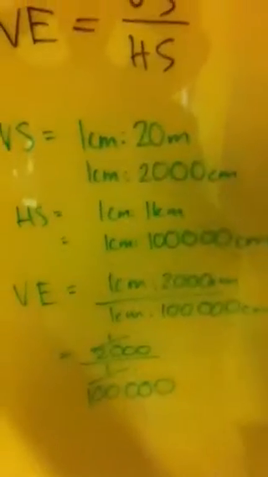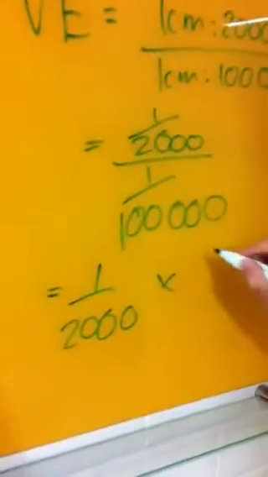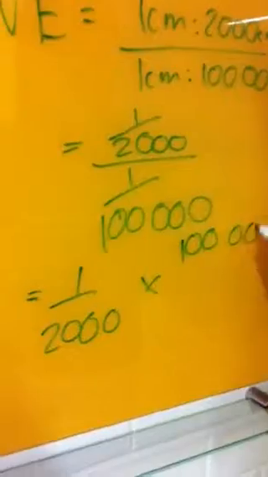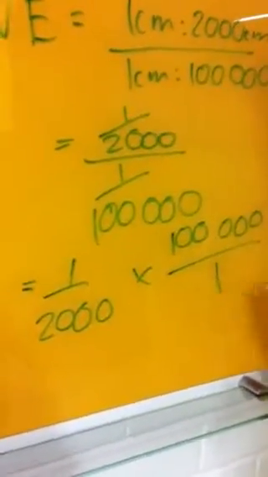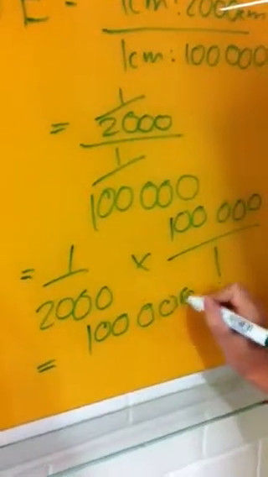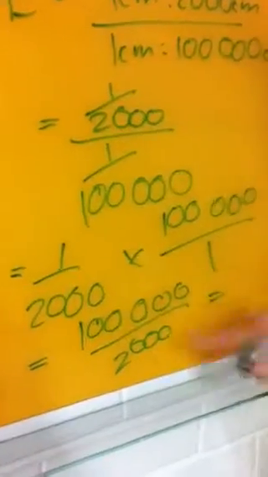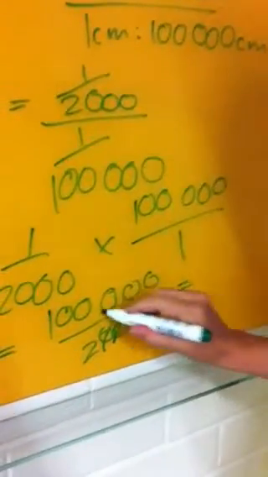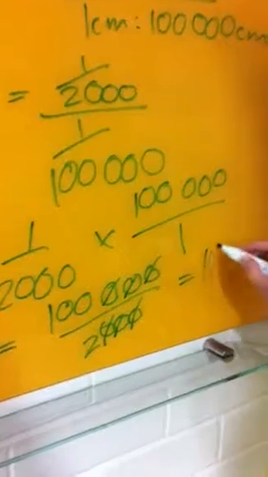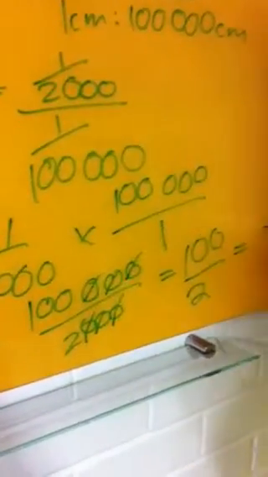And we do our invert and multiply trick, which means we're just putting the denominator on top of the numerator. And that equals 100,000 over 2,000. We get rid of our zeros. So we've got 100 divided by 2, which, as we know, equals 50.